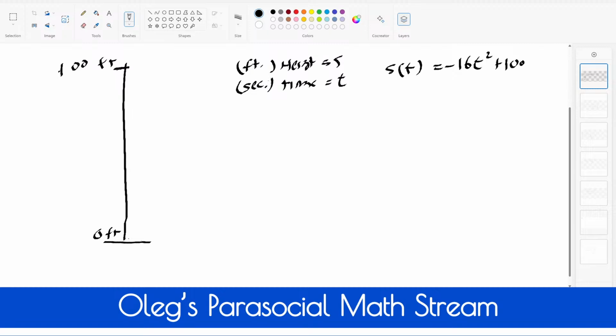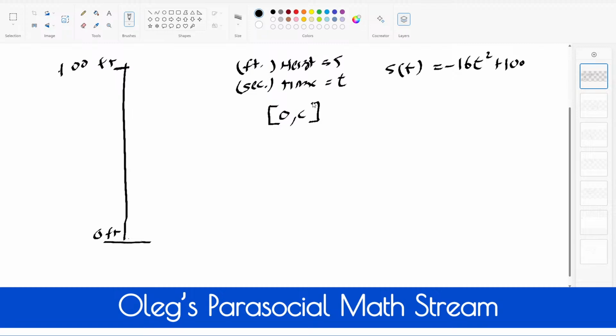Okay? The domain is restricted to the interval, so our input is going to be from 0 to c. I believe c is the speed of light here. Where 0 is the ball is dropped. Oh, sorry.